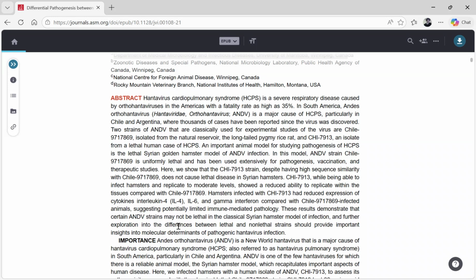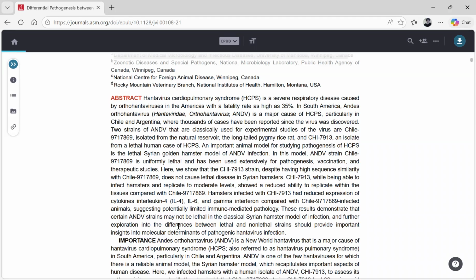Sometimes when something is coming from the natural reservoir and it goes into the human body, it sometimes starts to attenuate. And when it attenuates, it usually has mutations in the replicase, in the transcriptase. So this is really important. So we're talking about the L segment here.